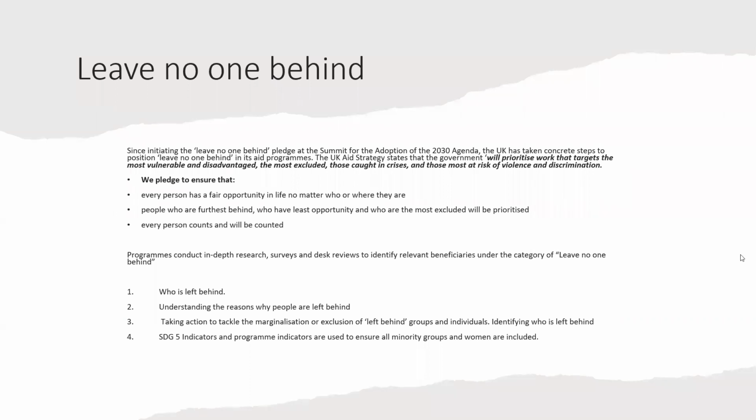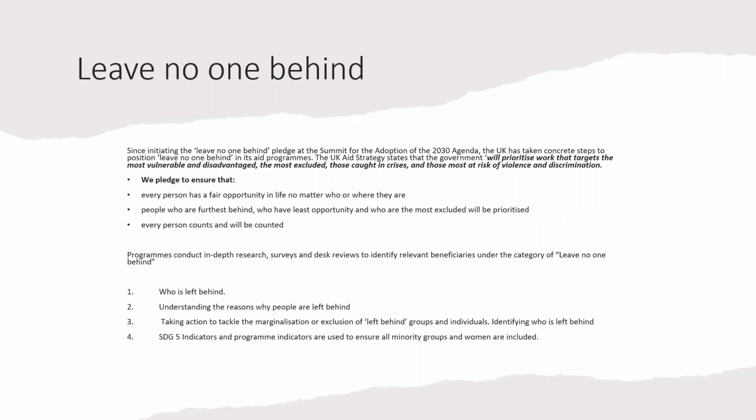The second question to ask yourself is, why are these people going to be left behind when I develop my project? How can I include them? The third thing is taking action in these groups of people, thinking, okay, these are marginalized groups that I've identified. What can I do in my project to make sure they are included?